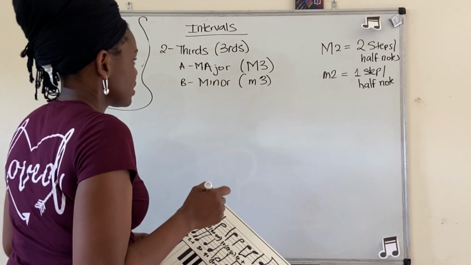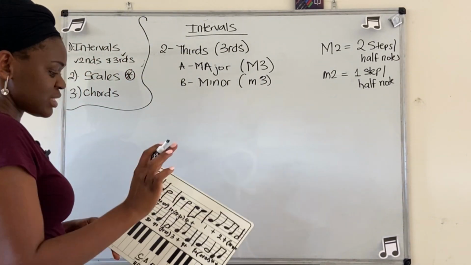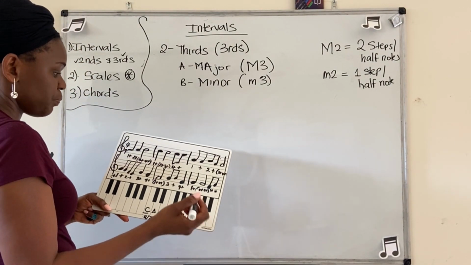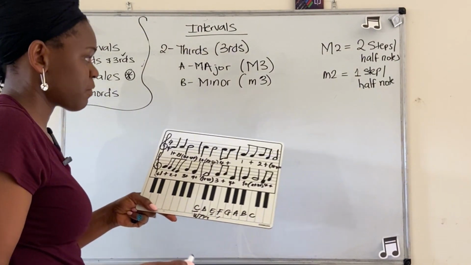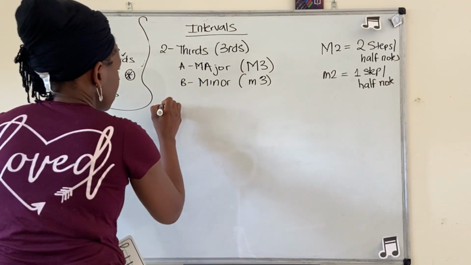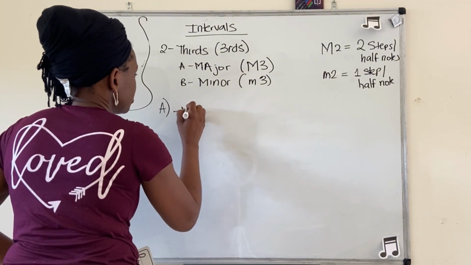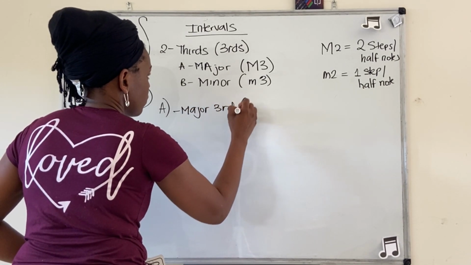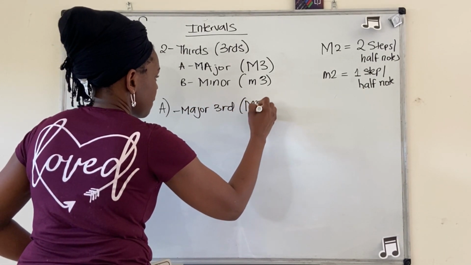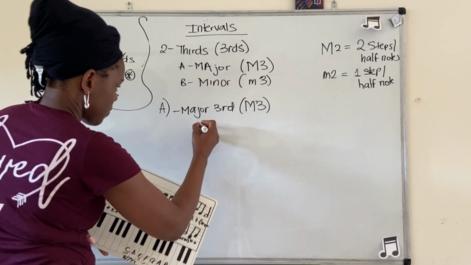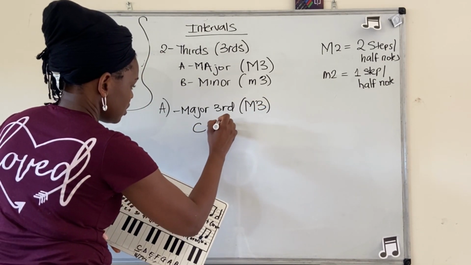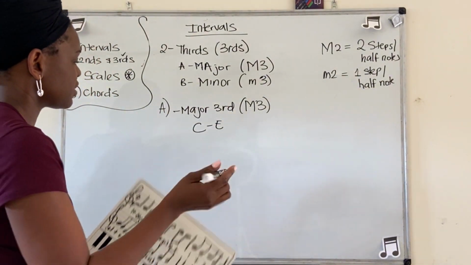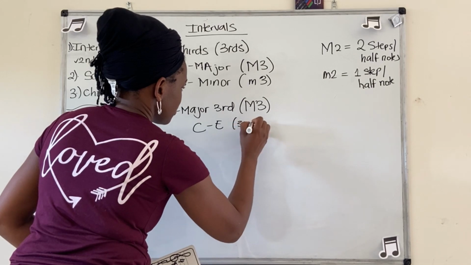But in this case, there's a difference between the two. Let's draw our staff. Let's take A, the major third, which is M3. Let's take a letter from C to E. That's a third because it has C, D, and E. It has 3 letters in it. So that's a third.